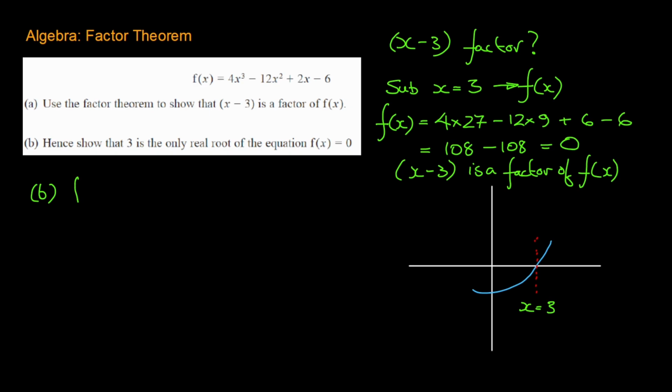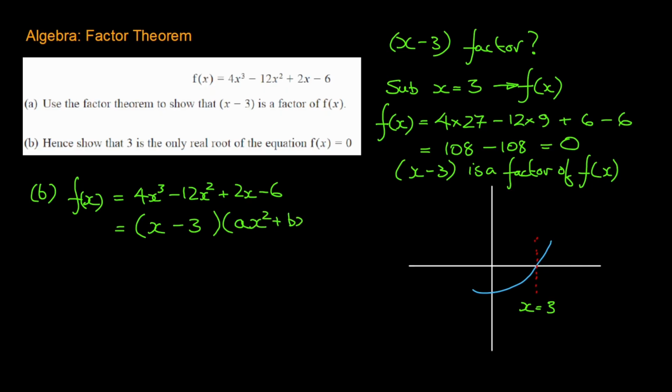So we've got f(x), and this is equal to a factor that we've pulled out, which is x minus 3, multiplied by a quadratic. So I have to write that down in its general form. So this is ax squared plus bx plus c. Well, the values of a and c pop out extremely quickly.